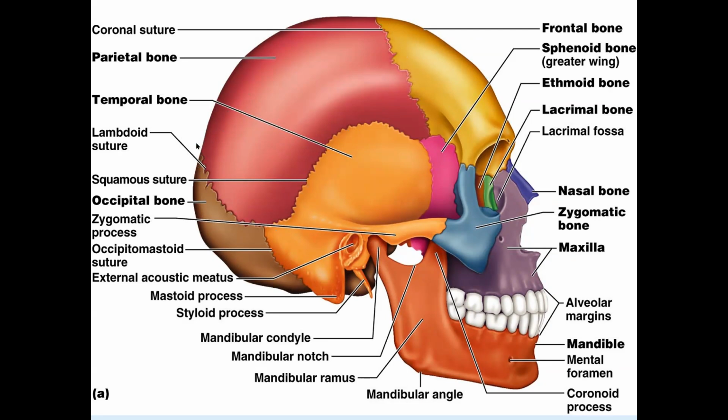So your lambdoid suture is here, this one, for example. And then your coronal suture and your squamous suture. You're going to need to know not only the names of the sutures, but of course also the bones that make up the sutures, okay?